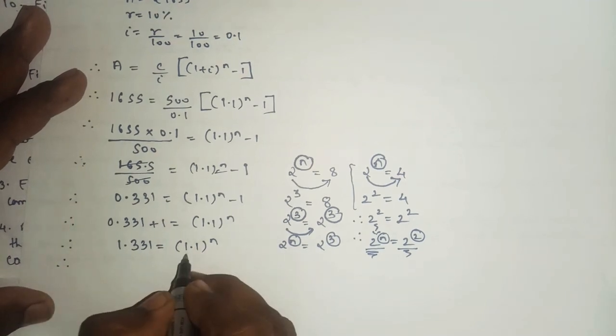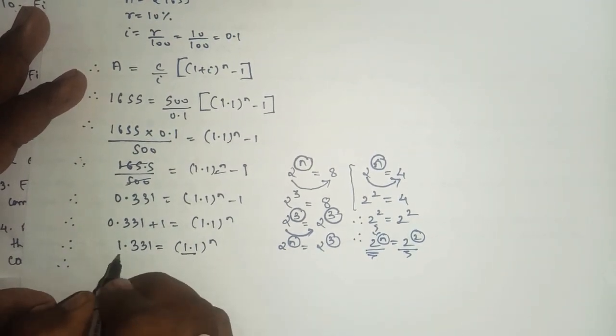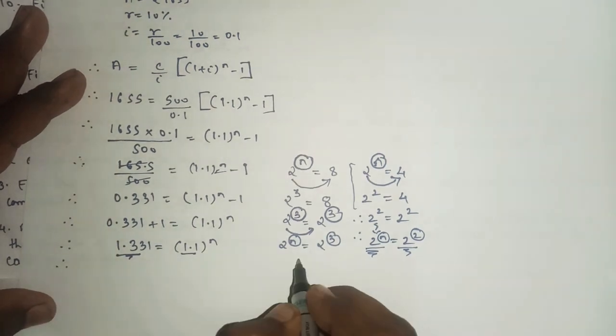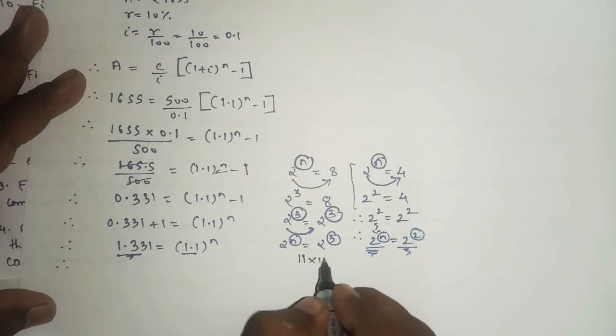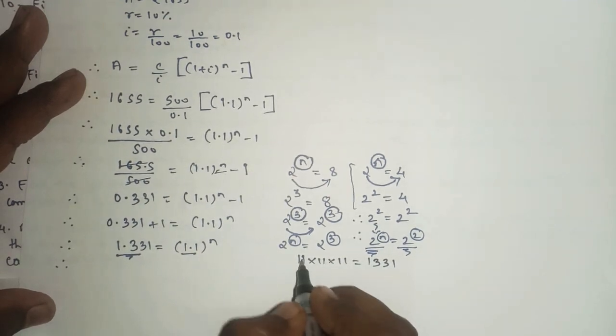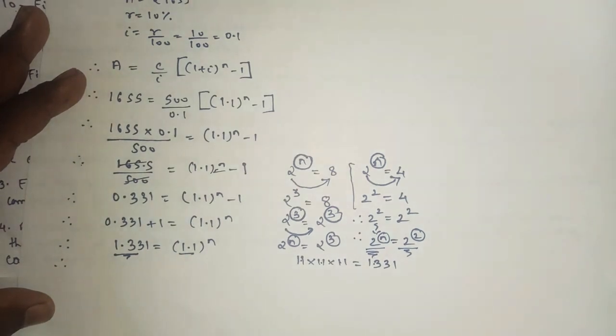So if 1.1 raised to n is equals to 1.331, see to it that it should match with that value, the power. Here clearly we can see that when you multiply 11 into 11 into 11, you will get 1331. As here we have a point, it will come 1.331.